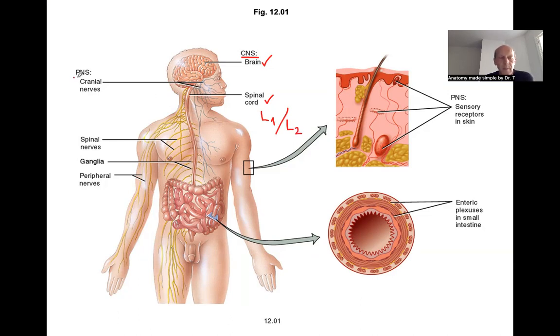Peripheral nervous system certainly comes immediately as a structure that we have to address. Peripheral nervous system is composed of nerves, and there is a total of 12 cranial nerves. Why do we call them cranial nerves?